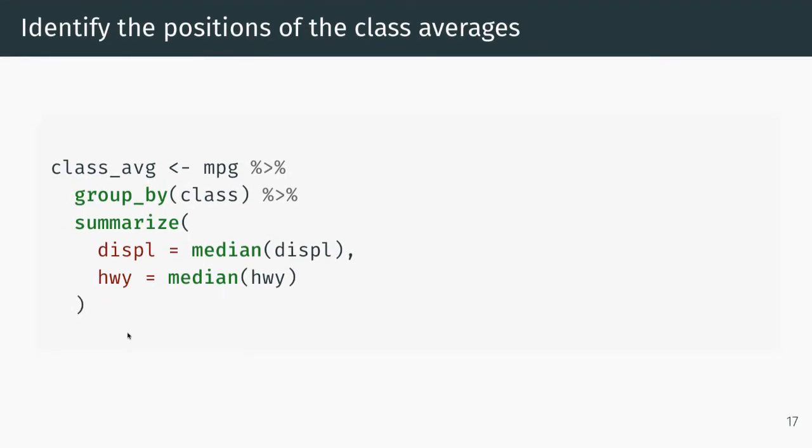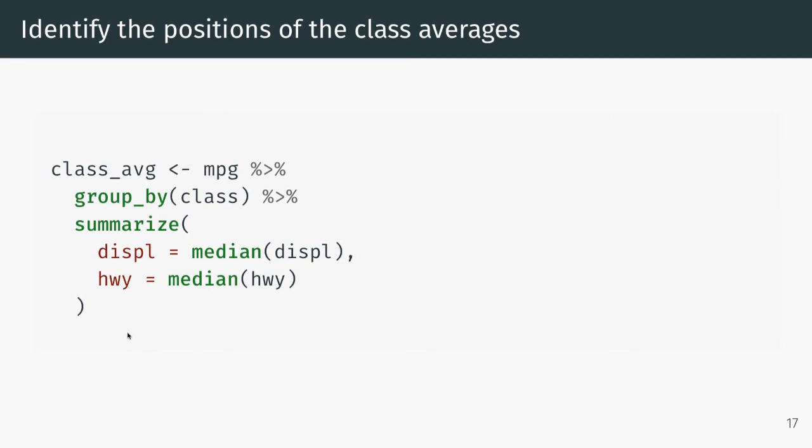Now, another way that we might want to do labeling, not labeling, annotations, is to get rid of the legend. So we're going to get rid of the legend, the class. So we're going to take this. This is just going to find the positions of the class averages.